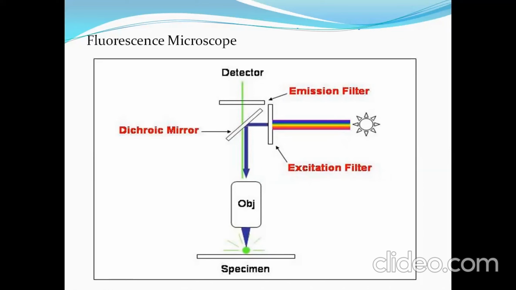So this dichroic mirror is to some extent 90% efficient at separating the two light pathways, that is the excitation and the emission. So these three special pieces of equipment do their task very carefully, and we can have a very good image of the specimen. Okay, am I clear?